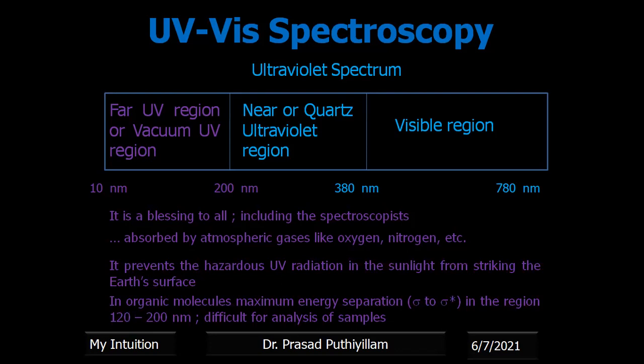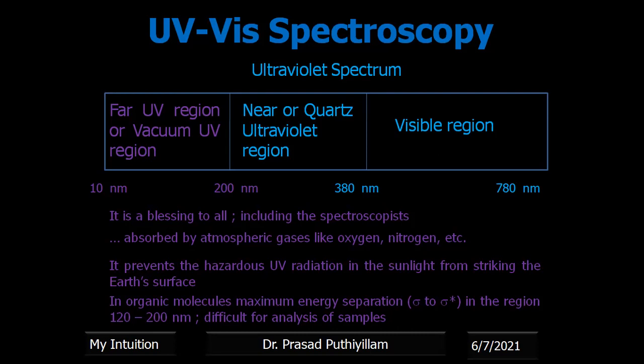How is the sigma bond formed? You already know, it is a head-on overlapping. So that energy separation from sigma to sigma star is a very high energy difference, which I already represented in the previous slide in this video. That energy separation is also possible if the UV region is 120 to 200 nanometers.